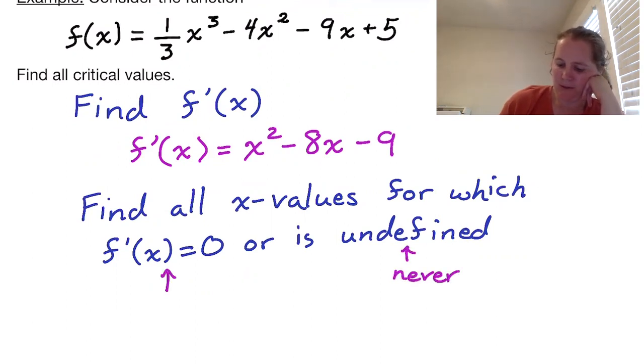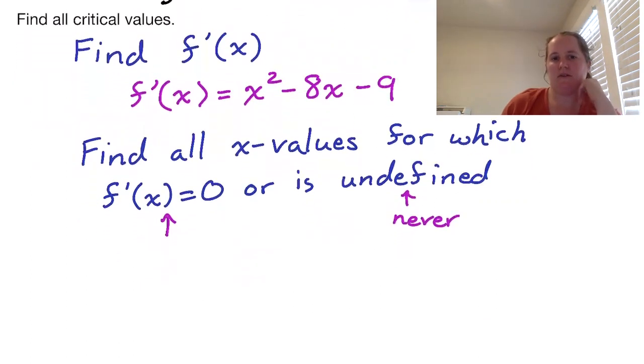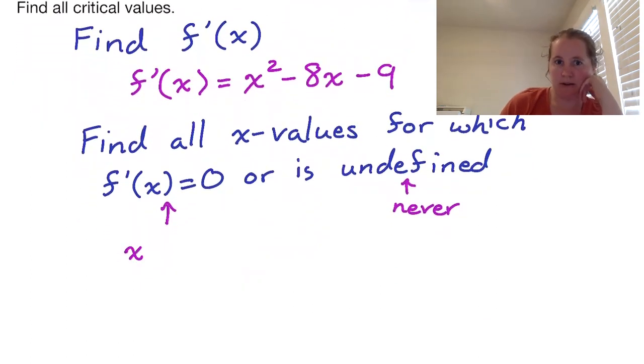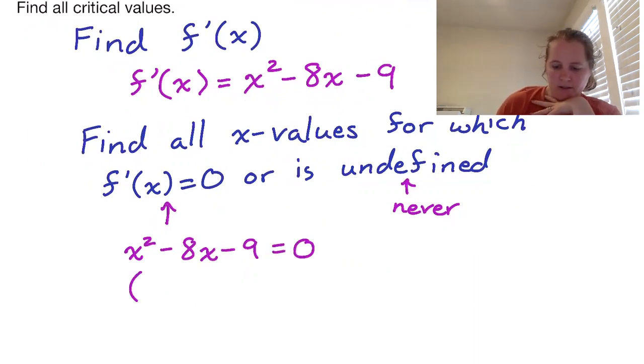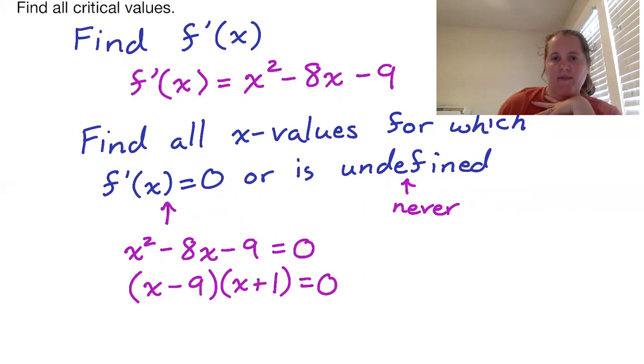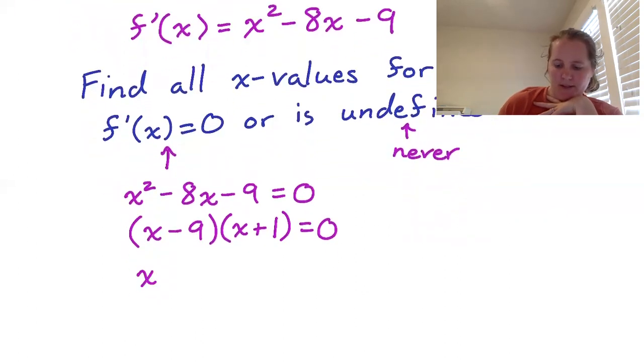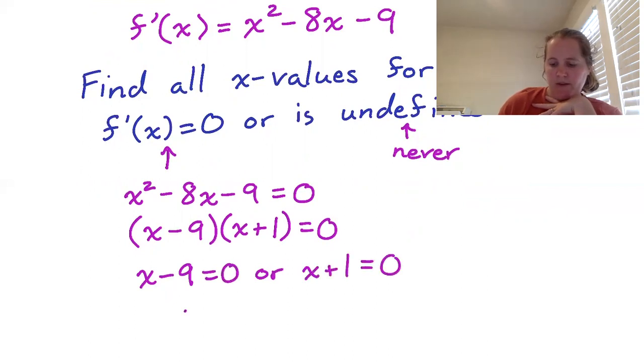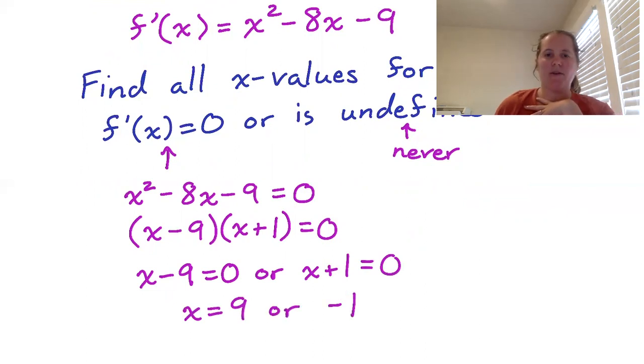And then for f prime of x equaling 0, we're looking for where x squared minus 8x minus 9 equals 0. This factors as x minus 9 times x plus 1. So we have either x minus 9 equals 0 or x plus 1 equals 0, and we got x equals 9 or negative 1.